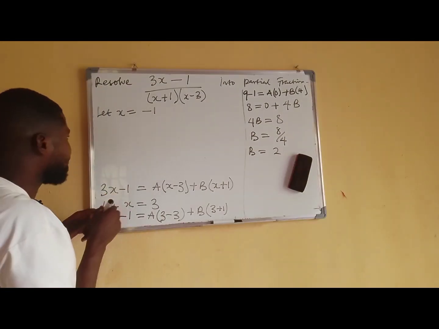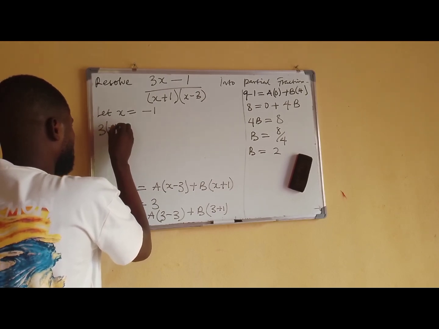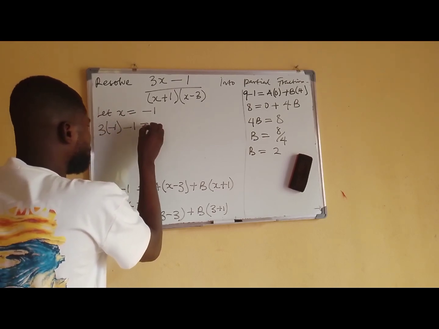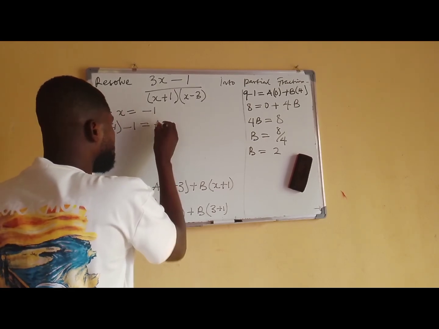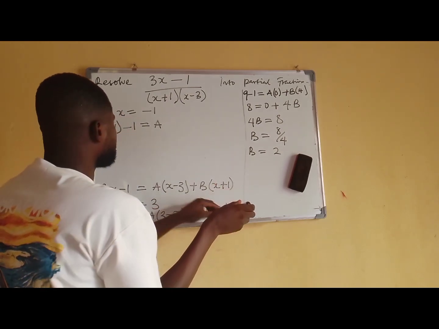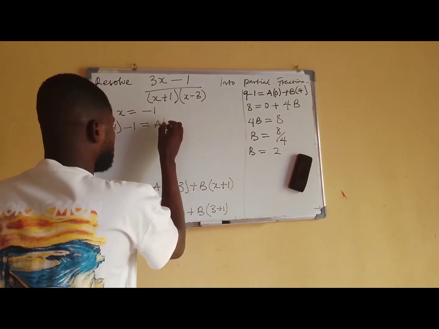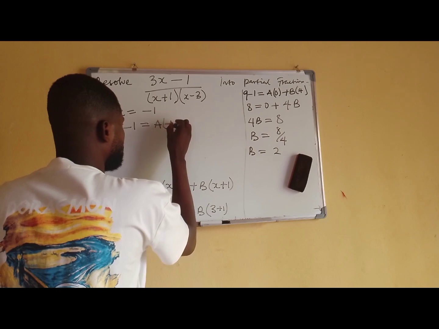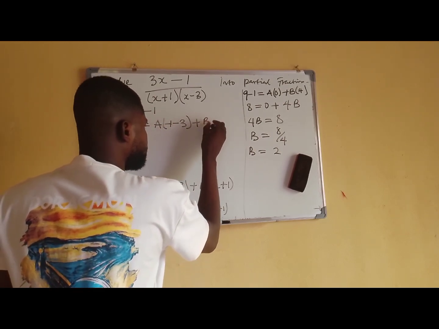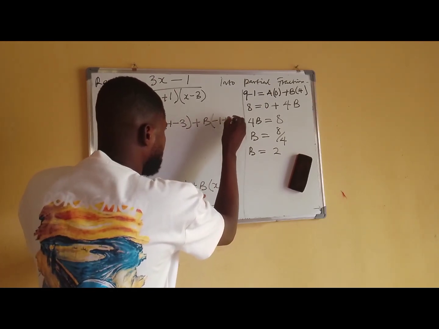From this place we have that 3 open bracket minus 1 will now be equal to A in brackets x minus 1 minus 3 plus B open bracket minus 1 plus 1.